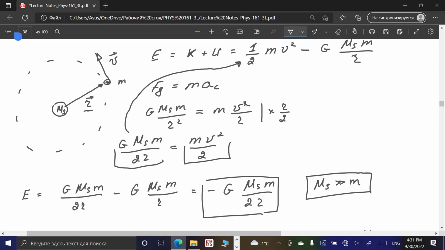Nothing special will happen. It's just that in this system, when we have two stars, most likely this condition will not be valid, because the mass of a star is much larger than the mass of a planet. So the masses of two stars will be either equal or, most likely, one larger and one smaller, but still comparable. That's why it will not be such a circular trajectory.